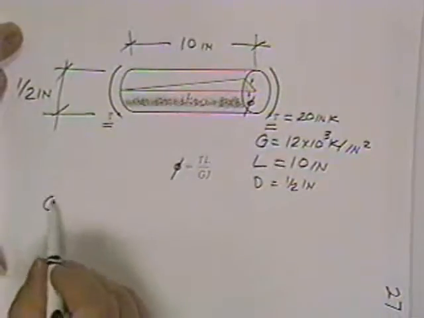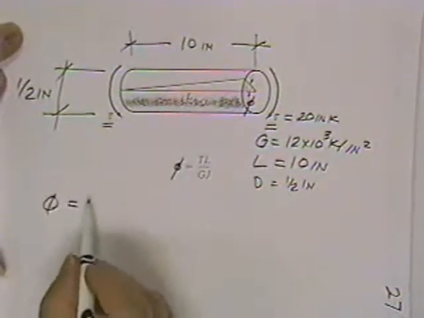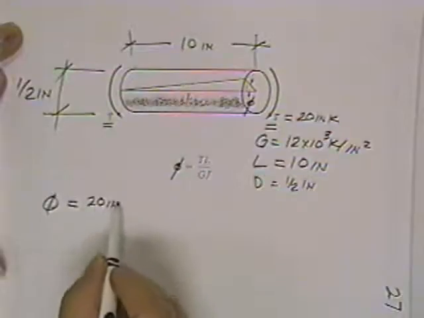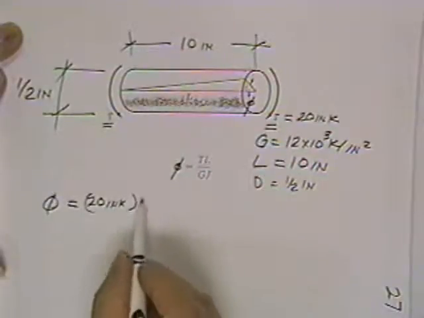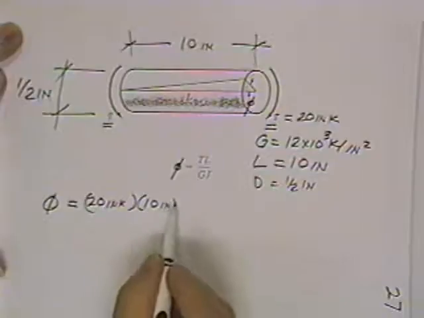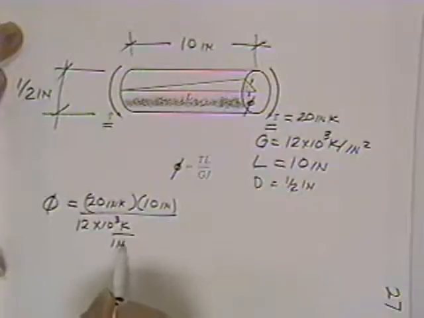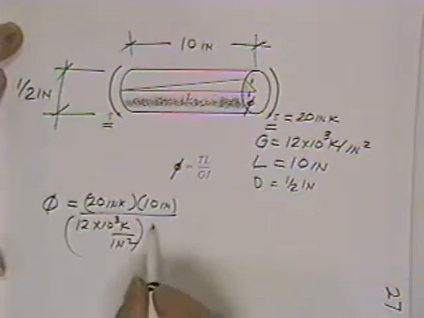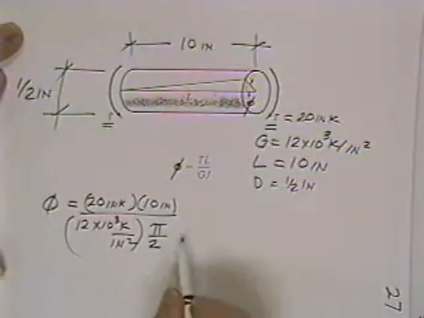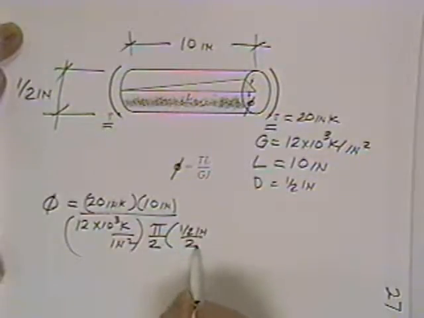Total amount of twist would be equal to T times L divided by G divided by J. J is pi over 2. Since this bar is solid, it would be times the radius to the 4th power.